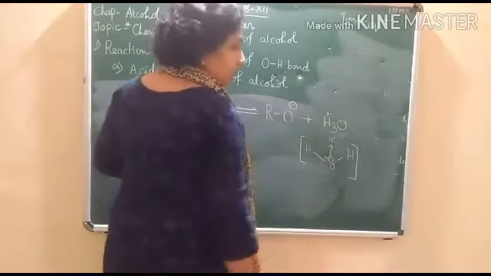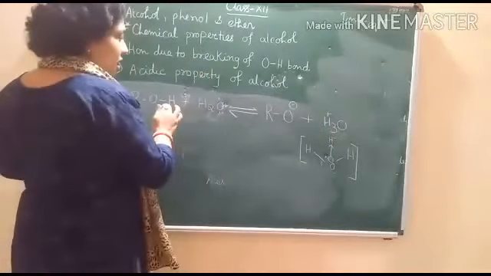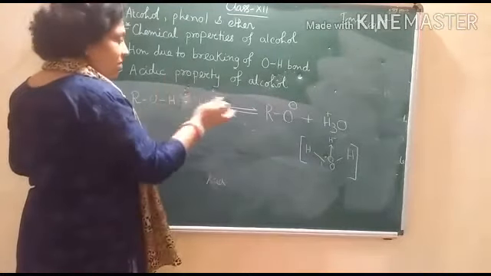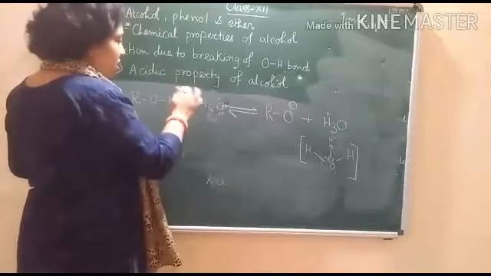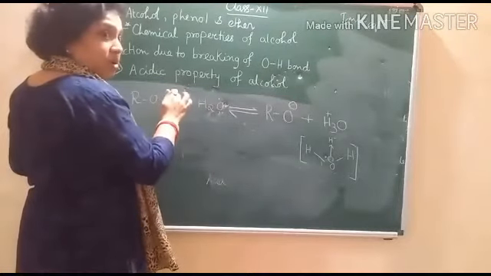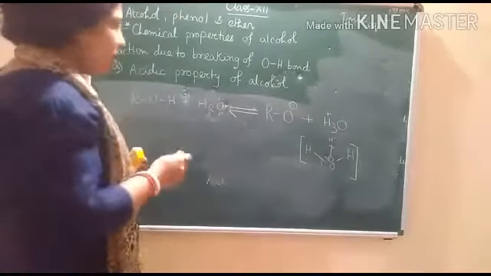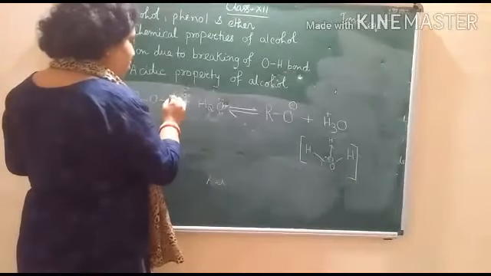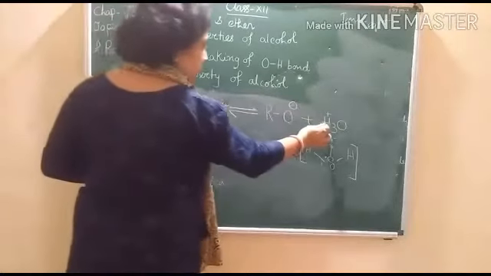Accepting the electron means here the electron is donating. So electron donating means proton is accepting. So this hydrogen is attached here, so it becomes H3O plus.